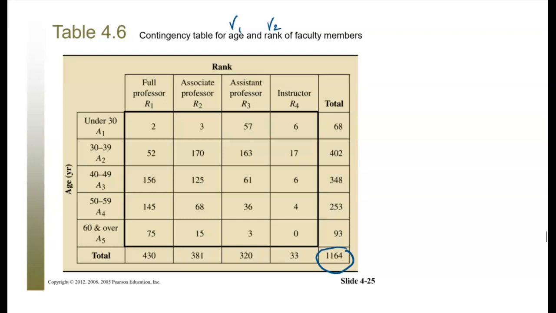So for example, of the 430 that are full professor, 2 of them are under 30. 52 are 30 to 39, and so on. We can see that there are no faculty members, ages 60 and over, of the instructor rank. Instructor's the lowest rank. That's the rank most faculty are hired at.